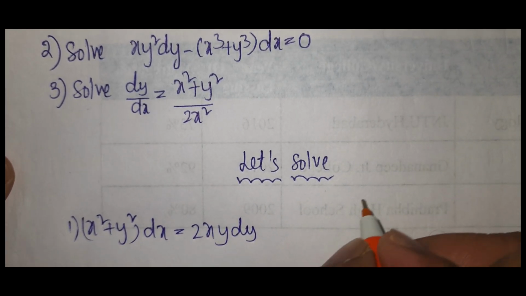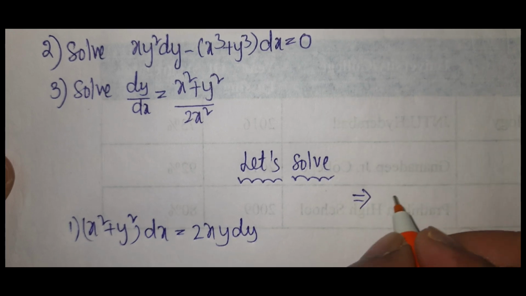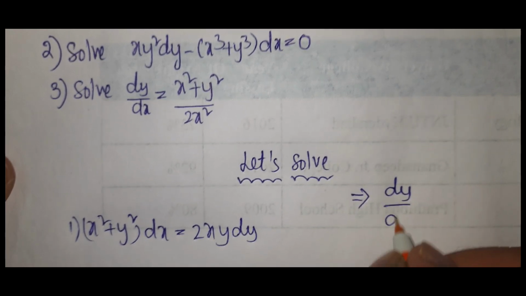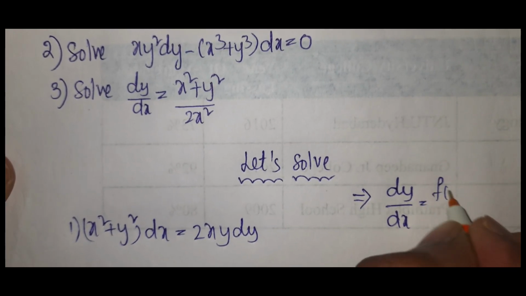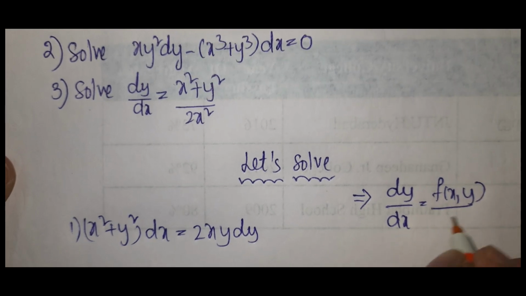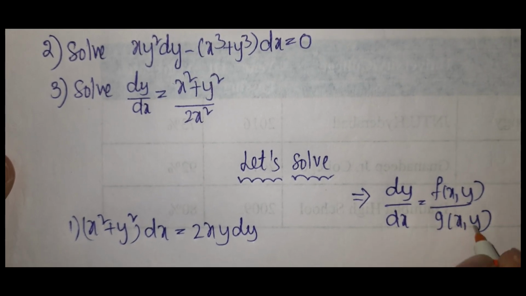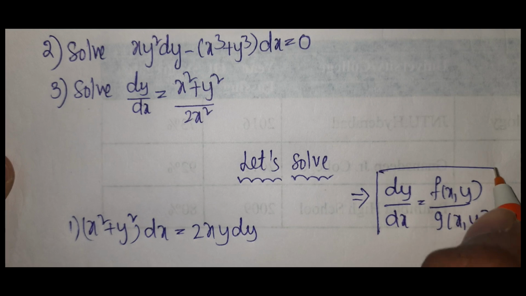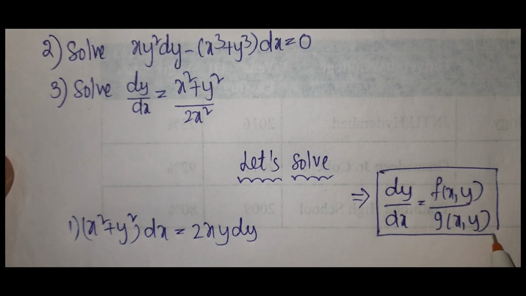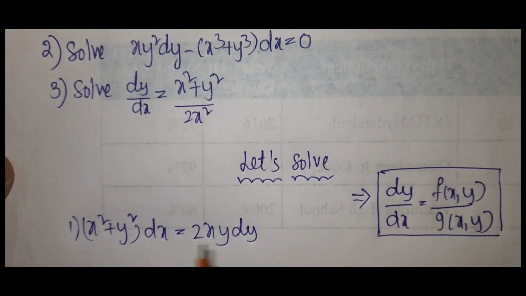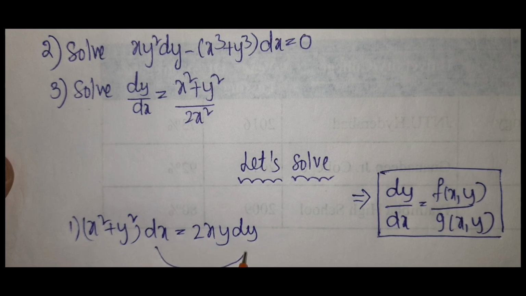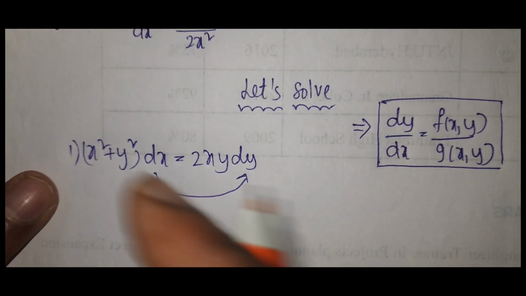For an equation to be homogeneous, it should be in the form of dy by dx is equal to f of x comma y by g of x comma y. This is the first condition. So let's convert the given equation into this form. I am sending this dx down to the dy. Here it is multiplying, here it gets divided.